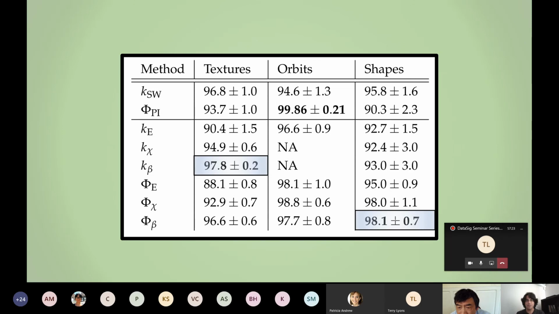And for shapes, as you can see, we lost. There's a 99.86. I mean, we did pretty well. There's 98.8 for the Euler one, but we lost. And this was very depressing until I found out what had happened.